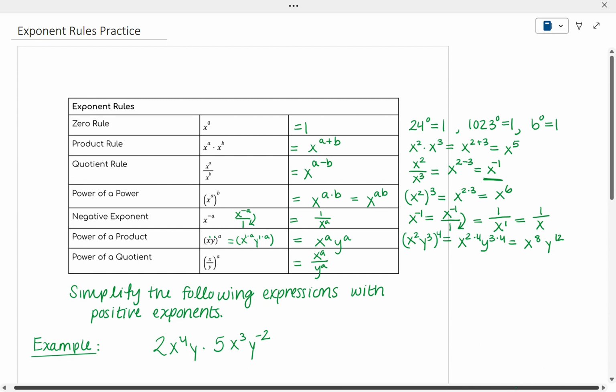Power of a quotient, if we have x squared over y cubed to the fourth power, this again becomes x to the 2 times 4 and y to the 3 times 4. So x to the 8th over y to the 12th.